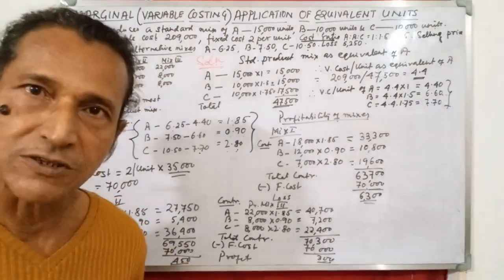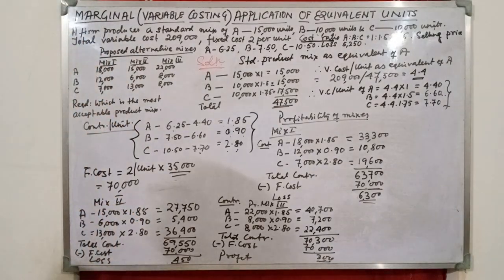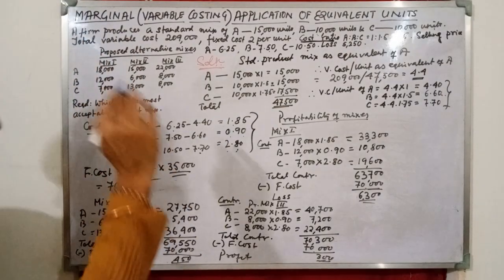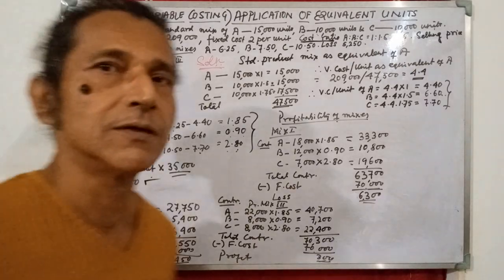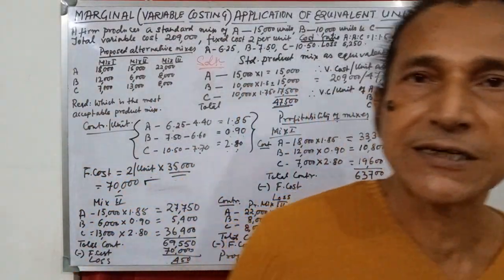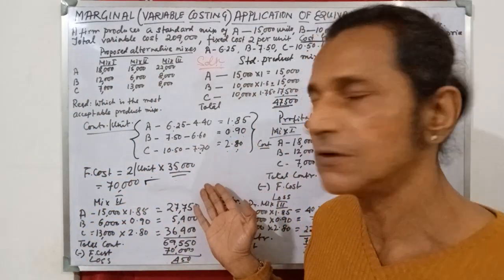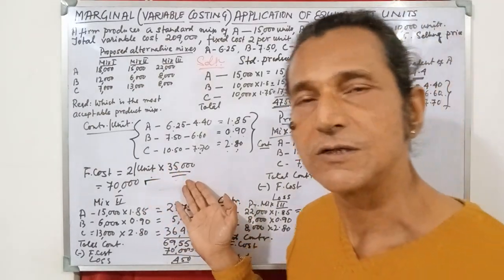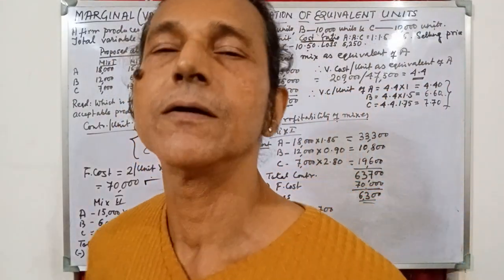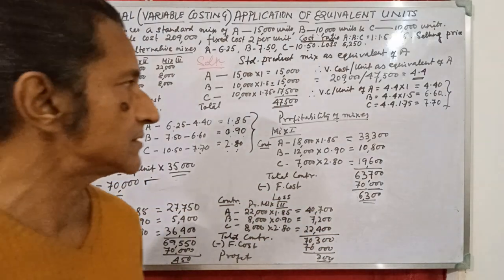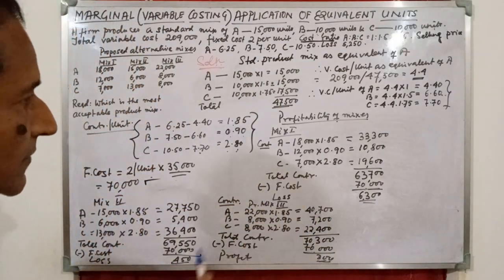Therefore total fixed cost of the firm is 35,000 into 2, that is 70,000. Correct? So we have found out the contribution per unit and the total fixed cost. So now we can easily find out the profitability of different mixes, which we have done here in this part.